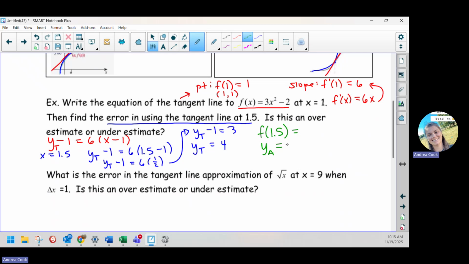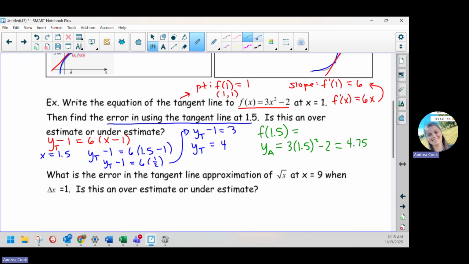Remember, f of x is really y, so I'm going to plug 1.5 into our function, and that is going to give you 4.75. So that is your actual y value.